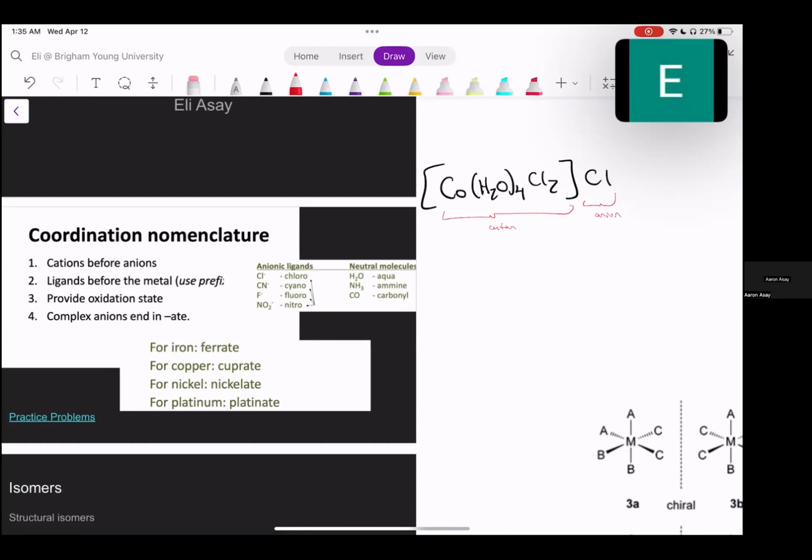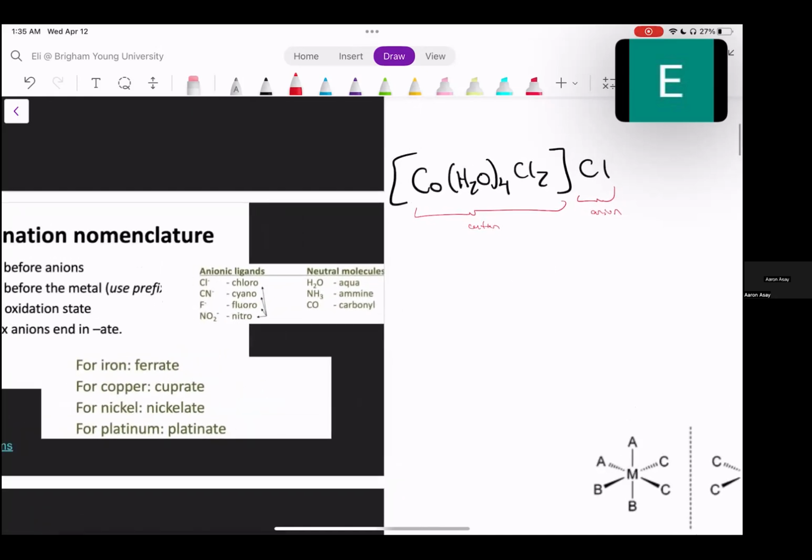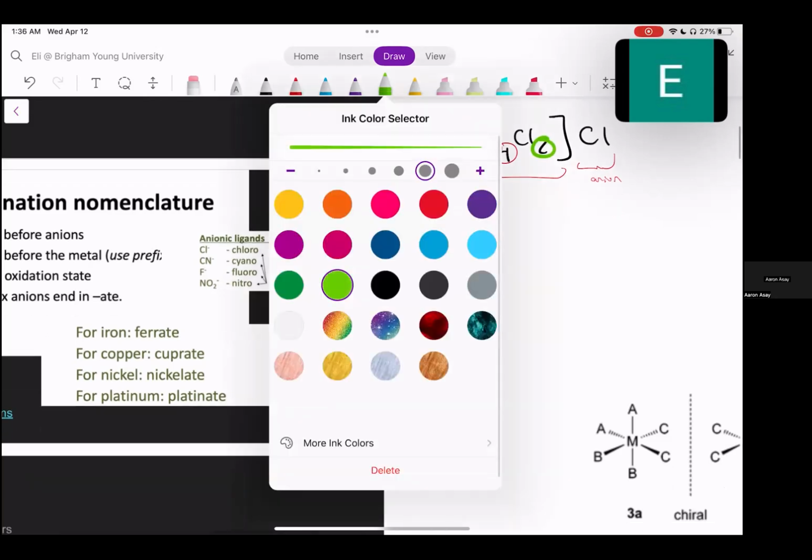But before all of that, we're going to have our ligands because they're connected to the cation here. The first thing I see is we have 4 waters, right? So we know that the word for water is going to be aqua. And then there's 4, so before that we have to put a tetra. That's the first thing that I do. Next, we come over here. We see chlorine has 2.